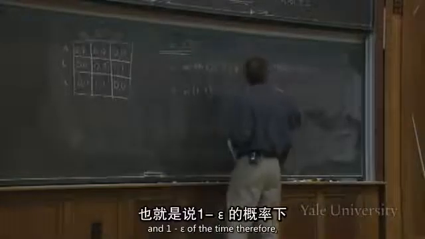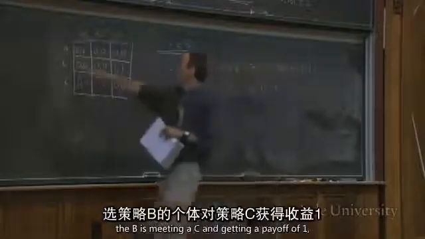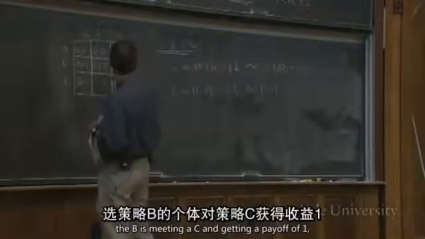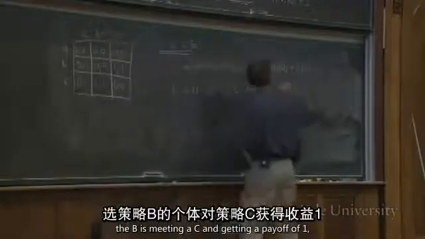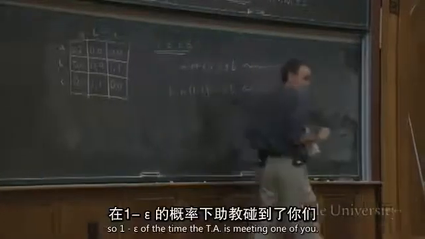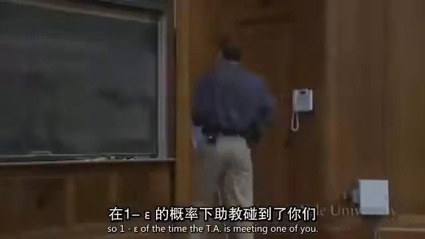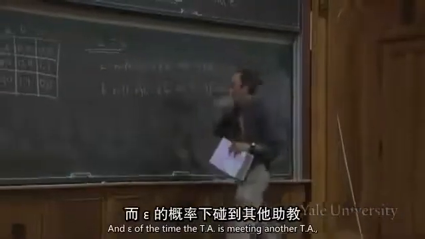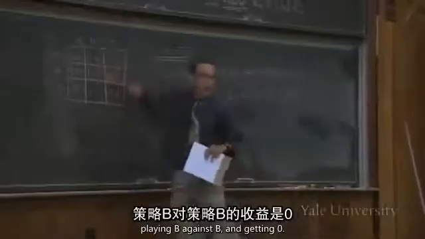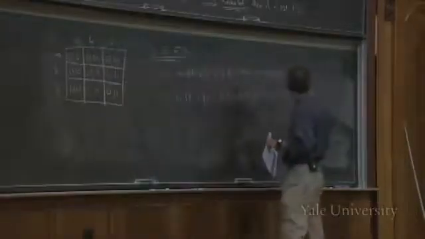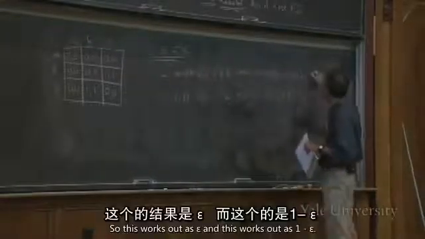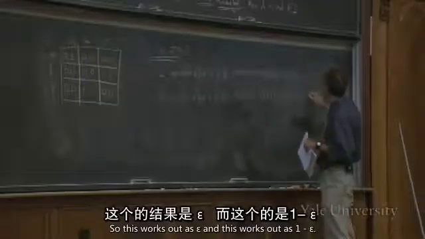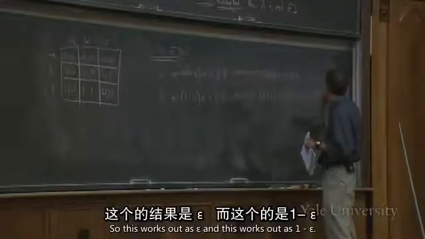And 1 minus epsilon of the time, therefore, the B is meeting a C and getting a payoff of 1. Right, so 1 minus epsilon of the time, the TA is meeting one of you. And epsilon of the time, the TA is meeting another TA, playing B against B, and getting 0. All right, so this works out as epsilon, and this works out as 1 minus epsilon.